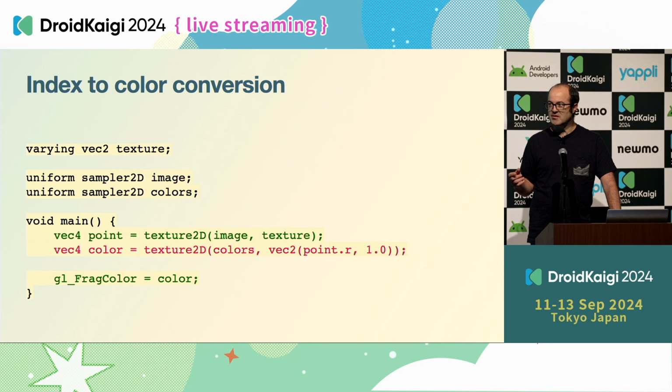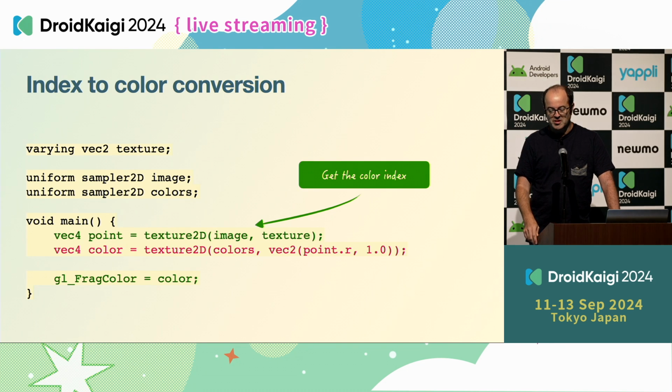The idea is that at coordinate 1 in this picture, there will be the color of color index 1. So what this shader does is check every pixel. It gets a pixel from the image with the color indexes, so here I can get the color index.